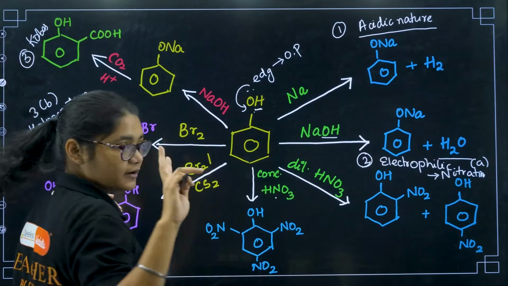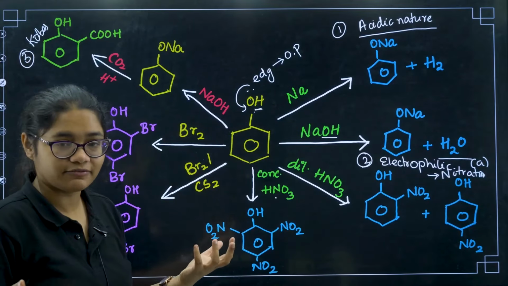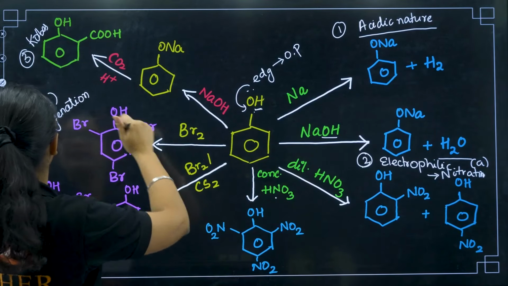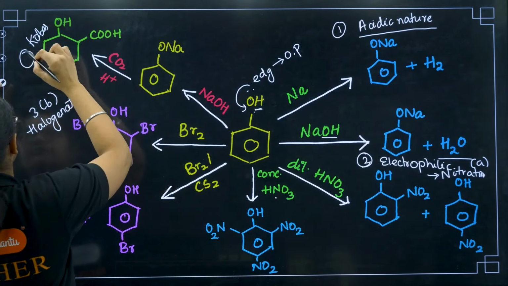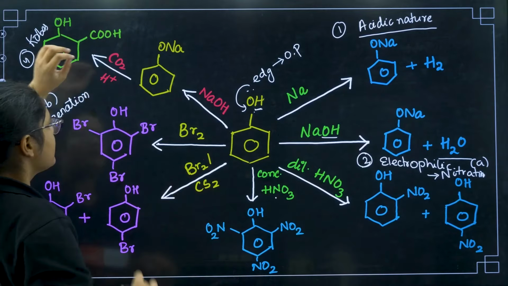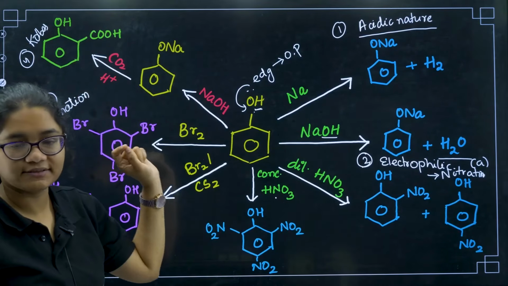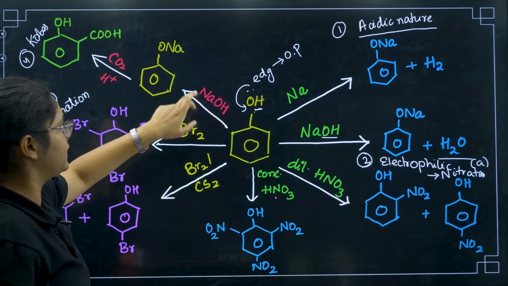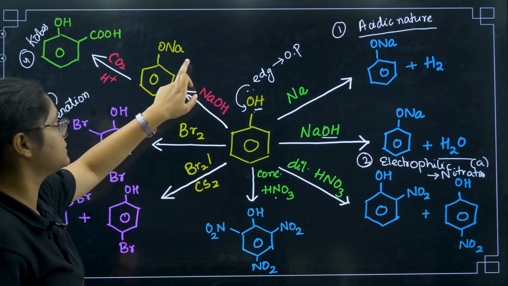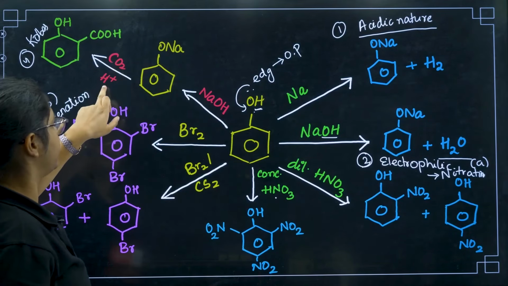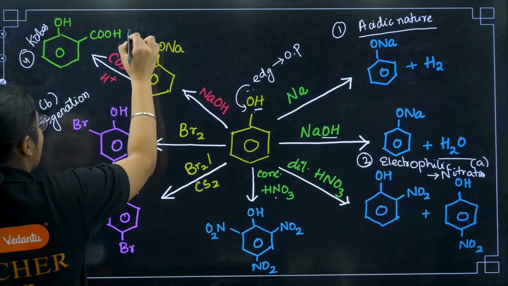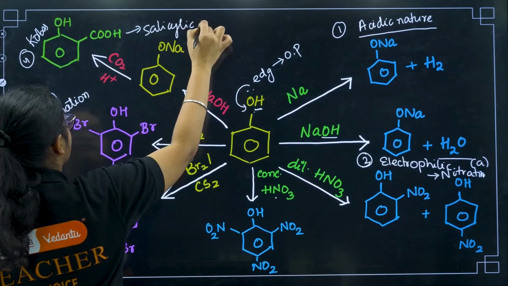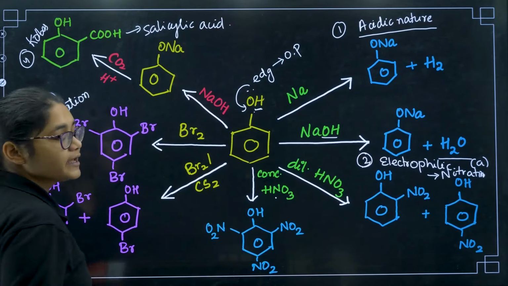The second was esterification, which I have not discussed here because we have already discussed it. So this is the fourth one, Kolbe's reaction. It is an important name reaction, and you should remember the statement and the reaction. First you treat it with NaOH, you will get O minus Na plus, then treat it with carbon dioxide and H plus, you will get COOH, and this product is called salicylic acid. Please remember this.